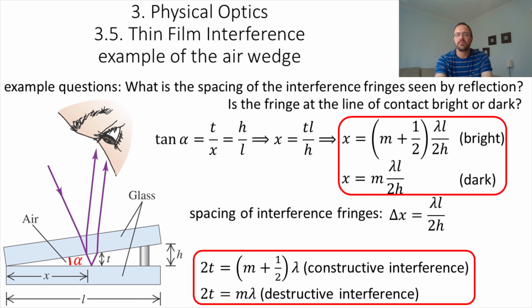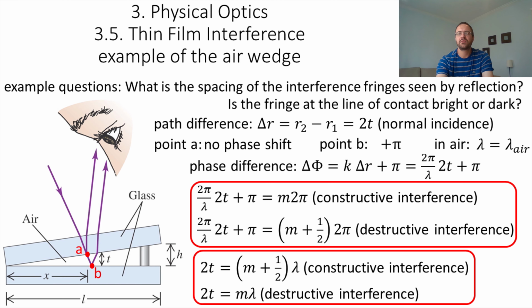The spacing between the interference fringes is delta x equal to lambda L over 2h. And we can also answer the second question, because if you look at x equals 0, that corresponds to m equals 0 for a dark fringe. So the fringe at the line of contact is dark.